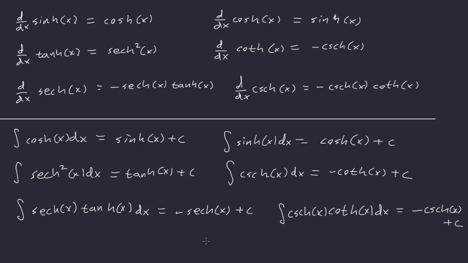Now from here, these guys pretty much satisfy all the rules you might expect. The product rules hold, the quotient rules hold, the chain rules hold, u substitution holds, the whole nine yards.